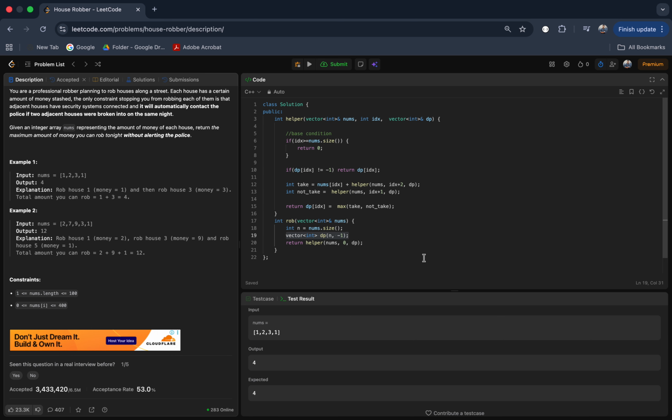And the next one is we have written our solution from 0 to n, so we can write our solution from n to 0 also. So n to 0, how can it be written? dp will be the same, we just need to traverse from index n minus 1, and instead of the condition index greater than n, the condition should be index less than 0.